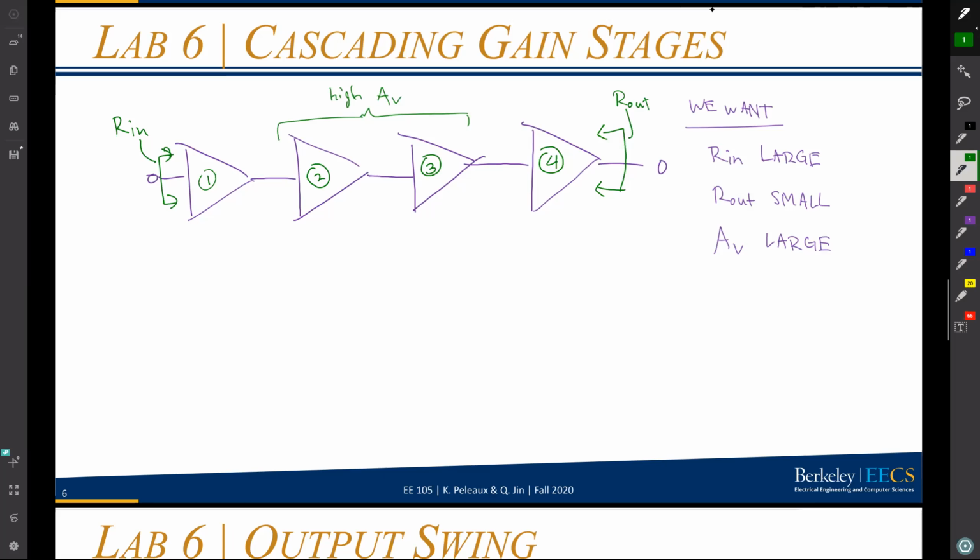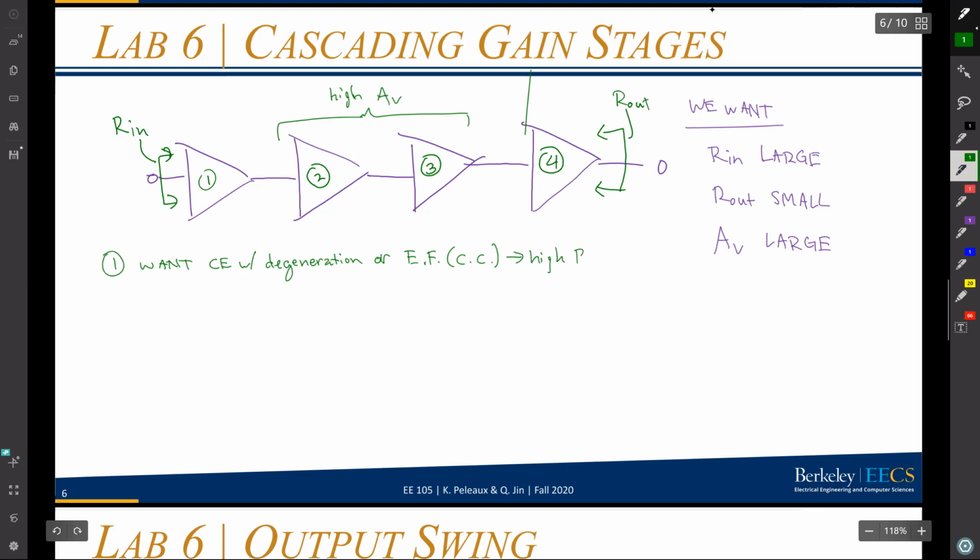And so if one needs to have high input resistance, then there's a couple different options. But generally speaking, we probably want either something like a common emitter with degeneration, or maybe even just an emitter follower, which is a common collector. Because either of those stages will give us high input resistance.